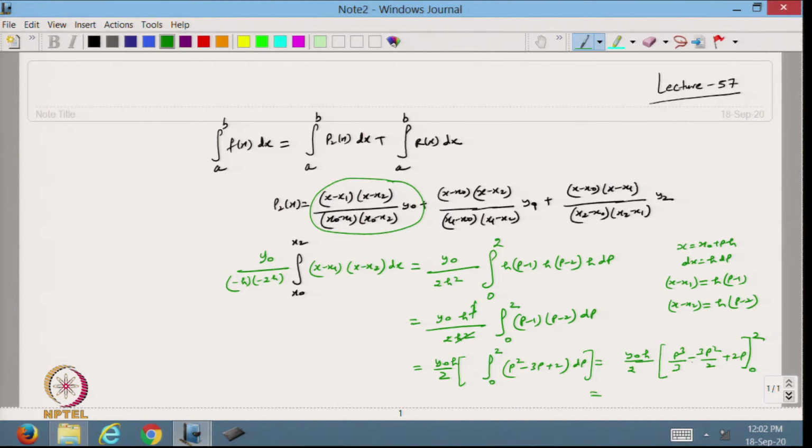If I put the 2 here, this will be y0 h by 2, times 2 cubed, that is 8, so 8 by 3 minus, 12 by 2, plus 4, minus 0. I will get this value, and here you will see this is the LCM of 6.